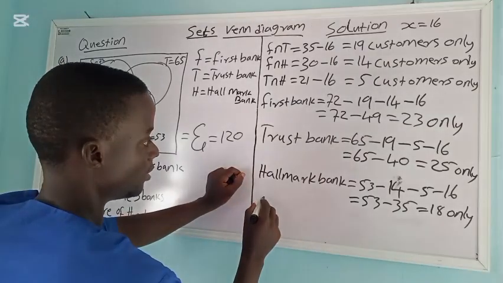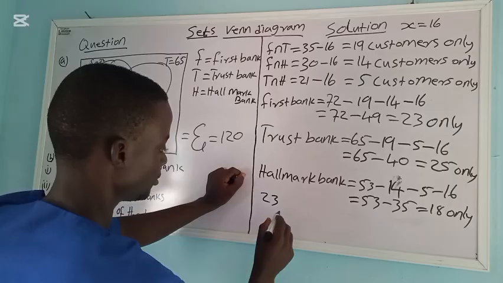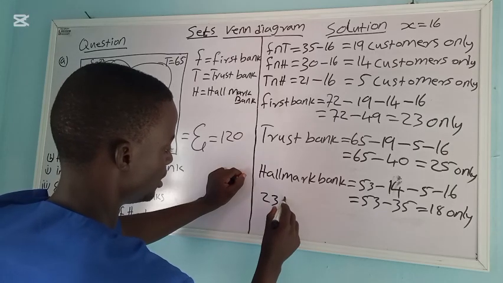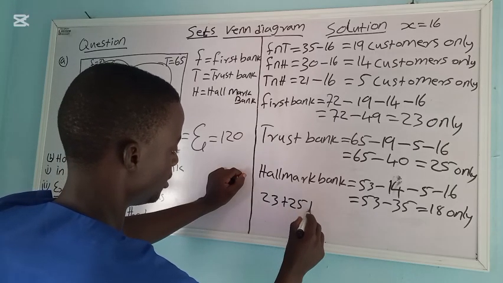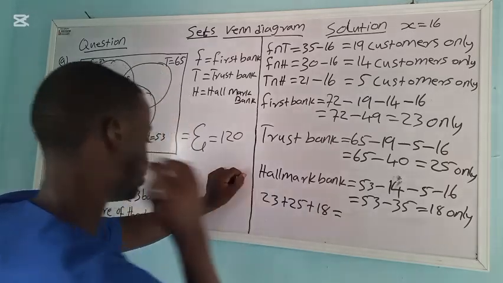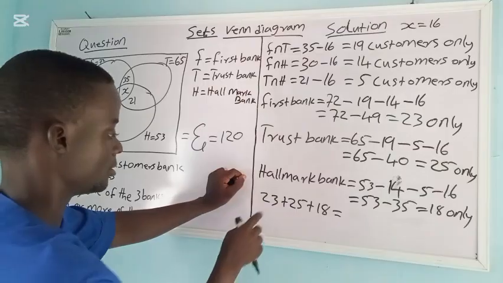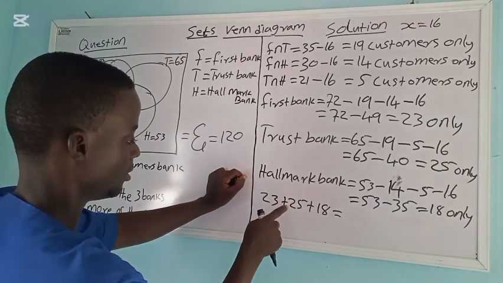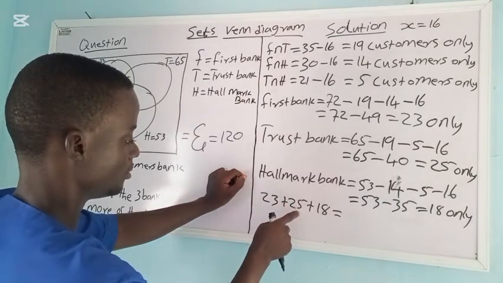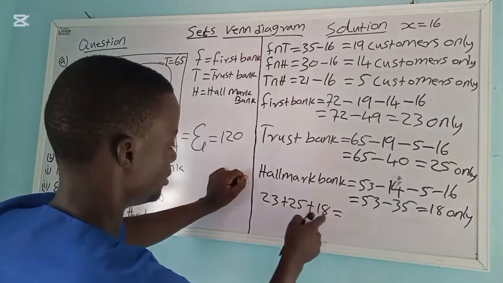We'll now say we have 23 plus 25 plus 18 is equal to, so you have 48, then 66.